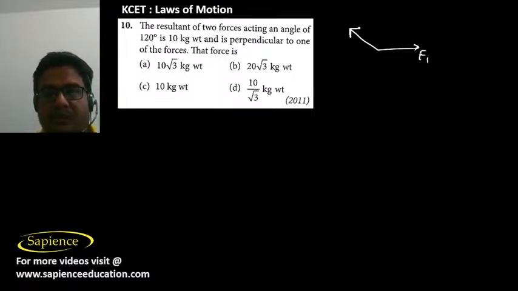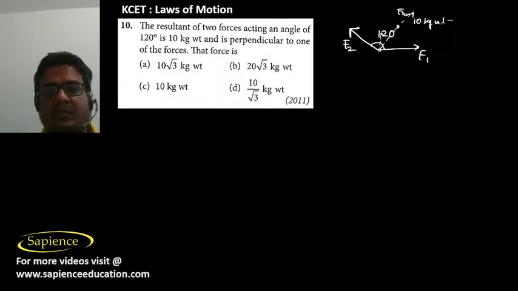Their resultant is 10 kg weight, and it is perpendicular to one of the forces.